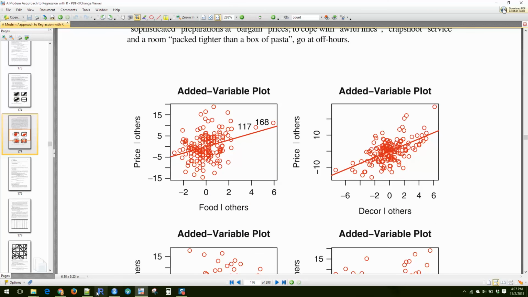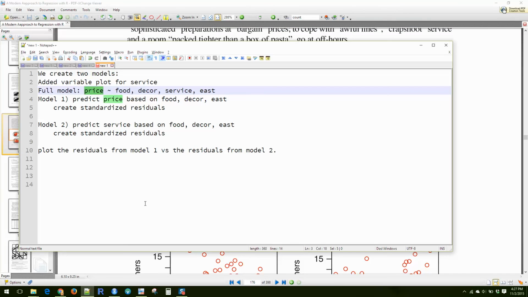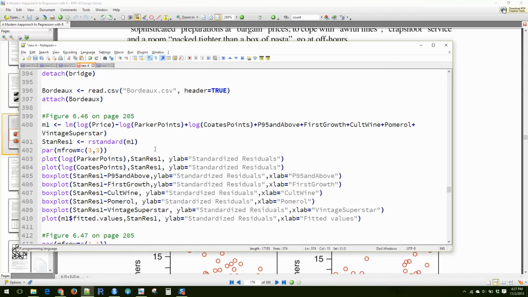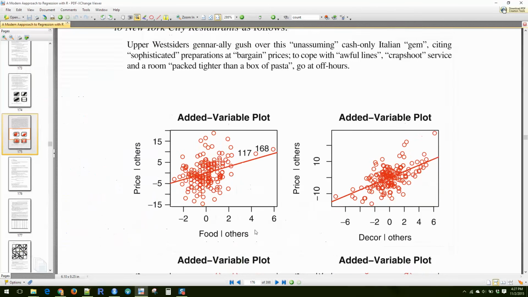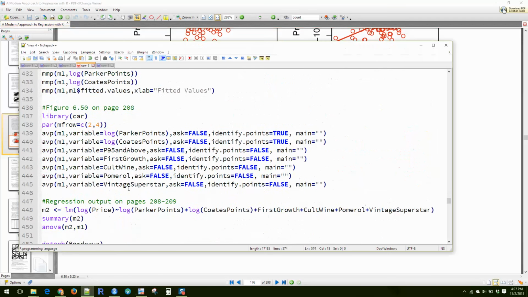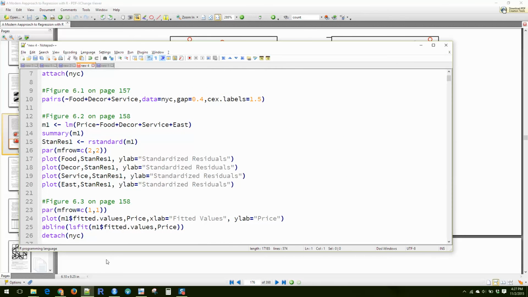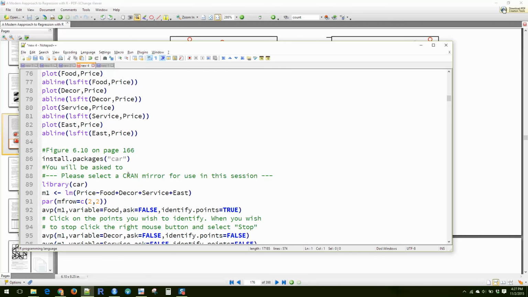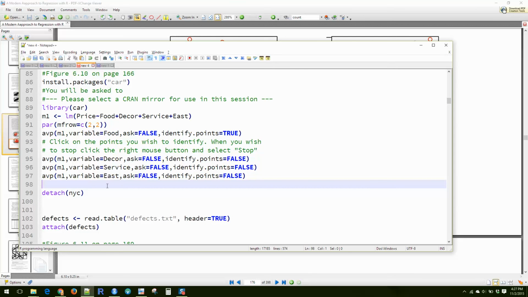But those are added variable plots, and let's look at their creation in R. There's a nice little function in the package car.